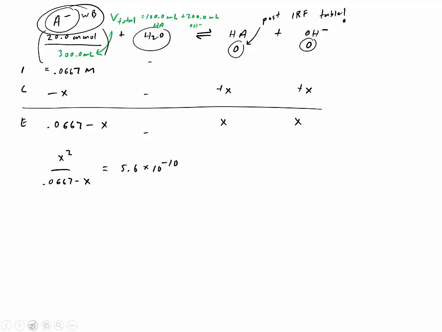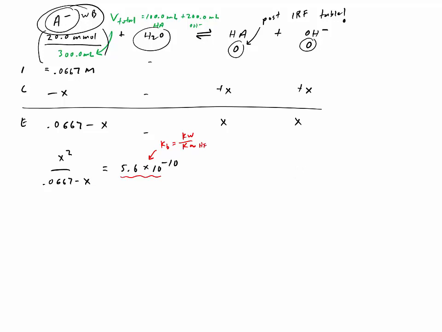I'll make a little note of that, so that if you ever review this later, like a week or 2 weeks from now, or check your notes, you'll remember to do this. So this is Kb, which is equal to Kw over the Ka of HF.